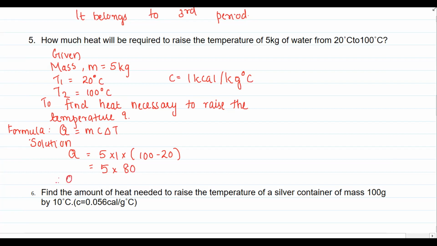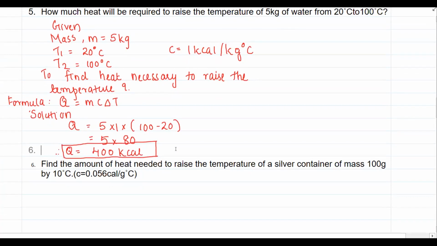Therefore, Q is equal to 400 kilocalorie. This is the amount of heat energy required to raise the temperature from 20 degrees Celsius to 100 degrees Celsius. Next question.